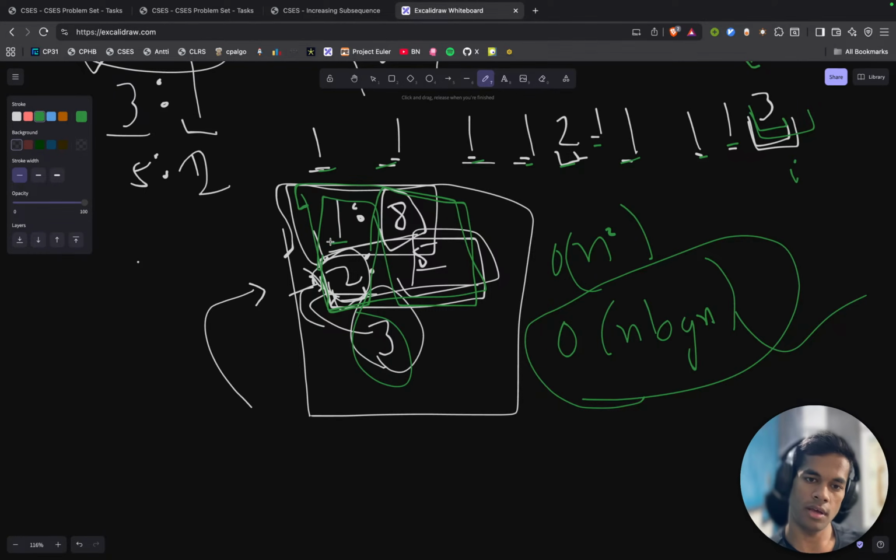And when I know in my table that 1 is 8, I should somehow, when I'm here, be able to know that if there is any number whose value is either 1 or greater than 1, it should be paired up with this number, which has a value of 8.